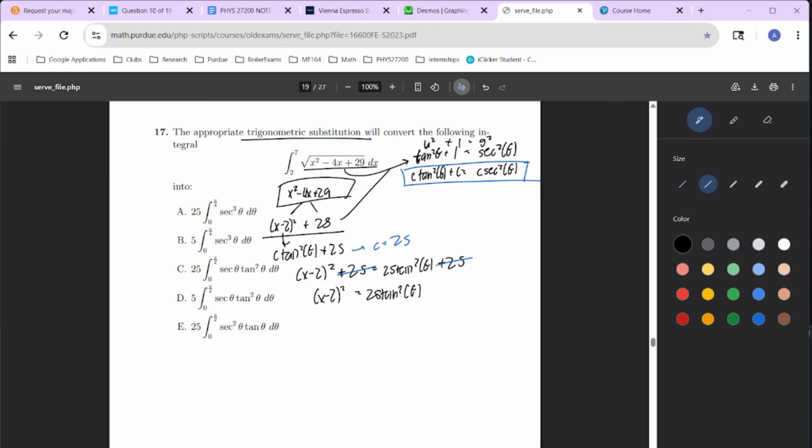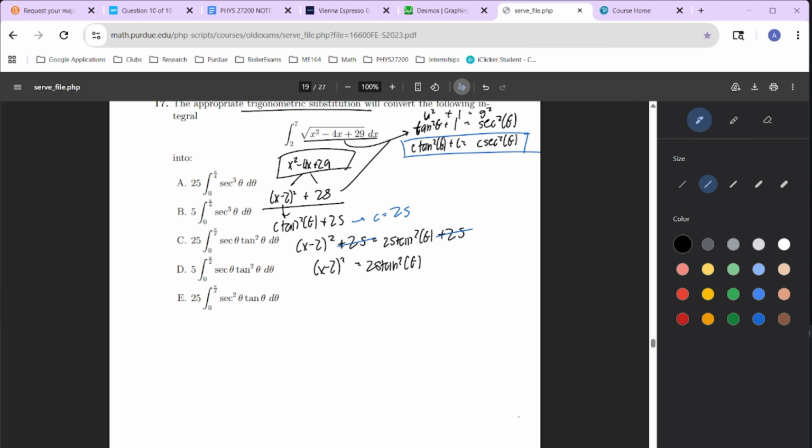You can take the square root of both sides. You get that x minus 2 is equal to 5 tangent of theta, my mistake. Now you'll notice I've only taken the positive root, even though it is possible for you to take the negative root. However, doing so will introduce unnecessary negative signs that I want to avoid by just taking the positive root instead.